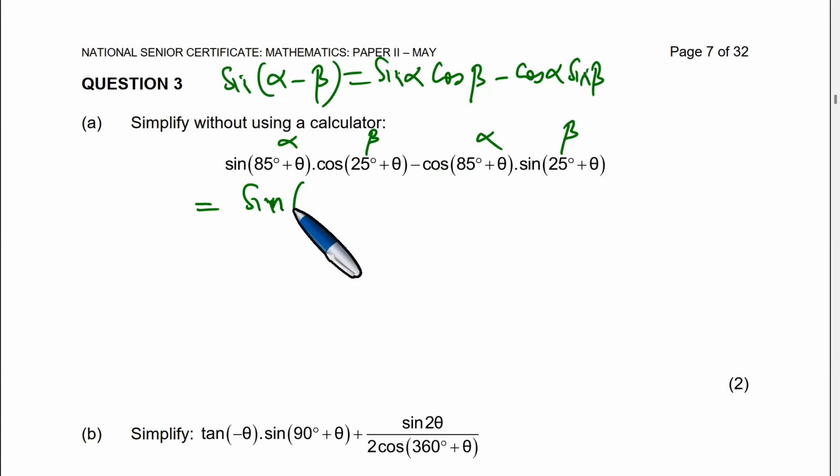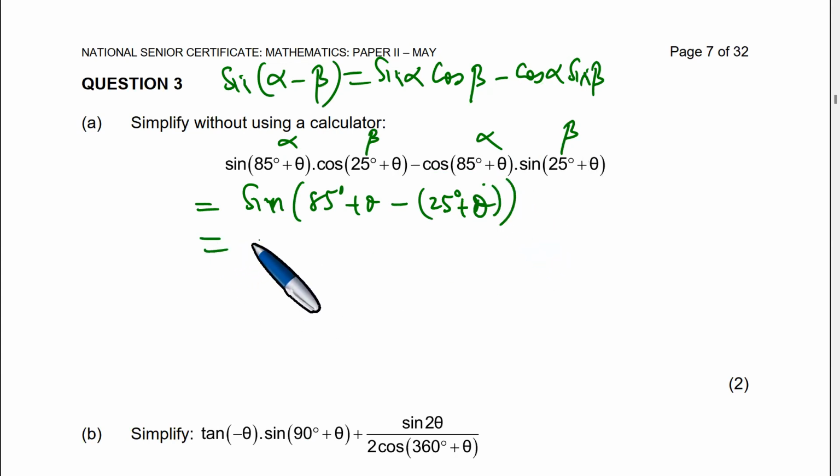So it becomes the sine of the alpha, which is 85 plus theta. Then you minus beta. Put brackets, please, to make sure you subtract everything here, and then you close. So this is the sine of, what is 85 minus 25? 60. Well done. And then theta minus theta is 0. What is sine 60, by the way?